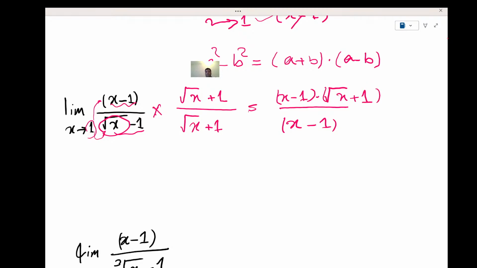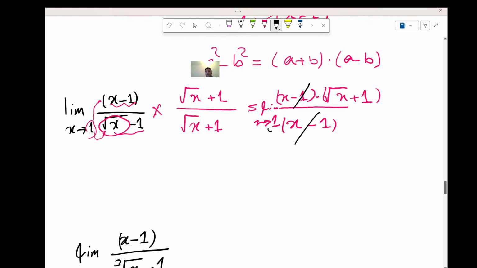Am I right? Okay, now the limit when x goes to 1. Immediately, they can cancel each other. When x goes to 1, the answer is radical 1 plus 1, which is 2.